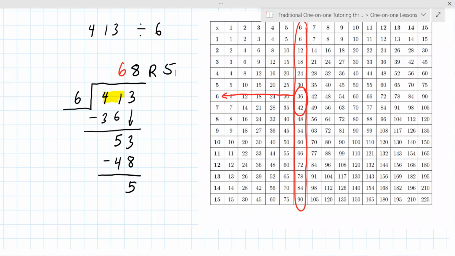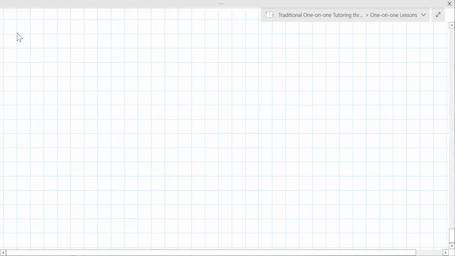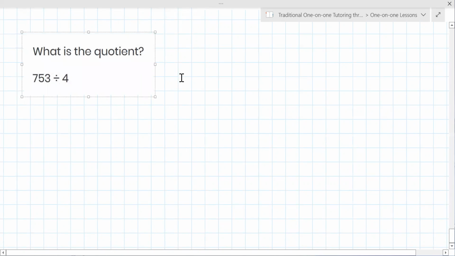Let's do this next problem that's in your quiz here. All right, what is the quotient? So it's basically asking you to divide.